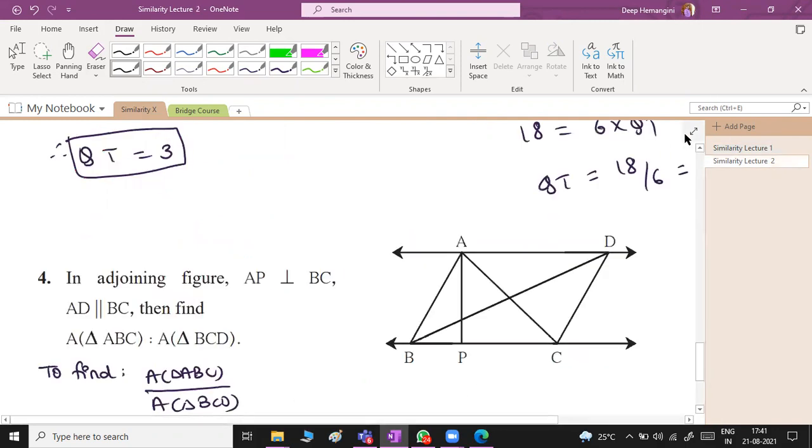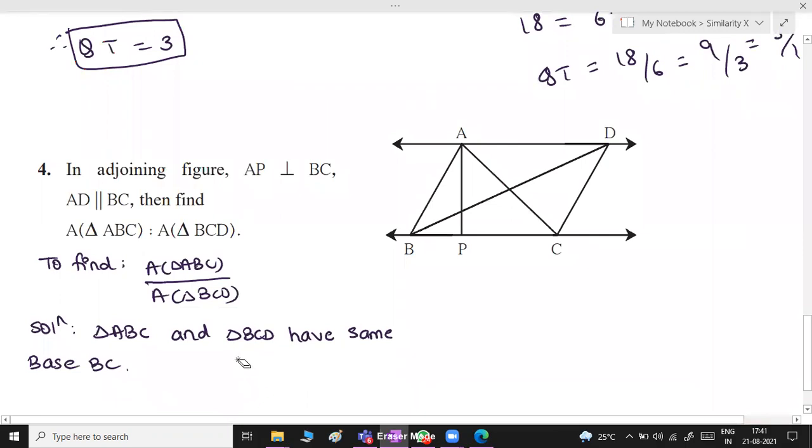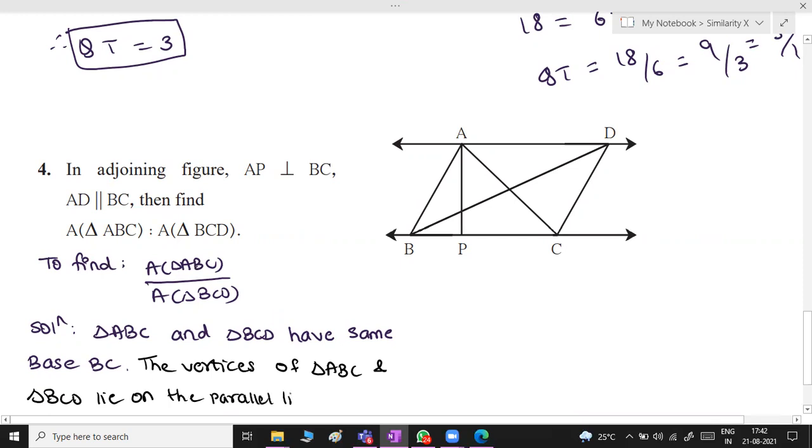So let's go to this. So shall I write that explanation for you? So the vertices of triangle ABC and triangle BCD lie on the parallel lines AD and BC.